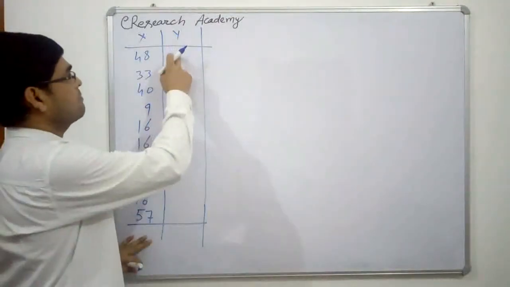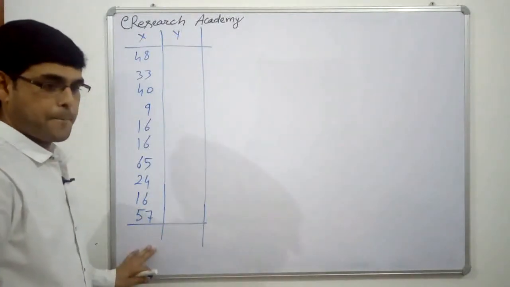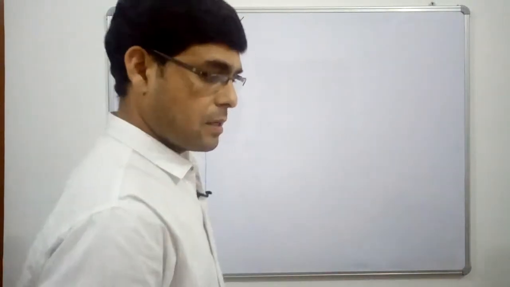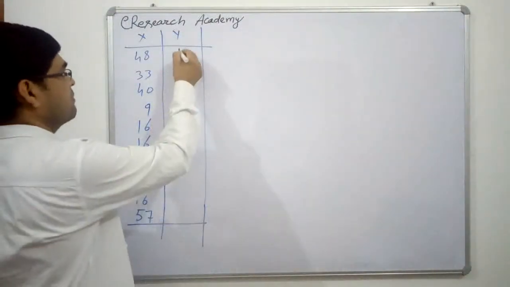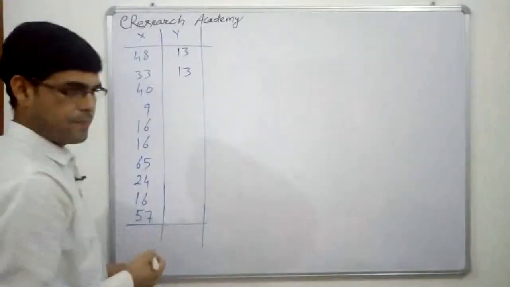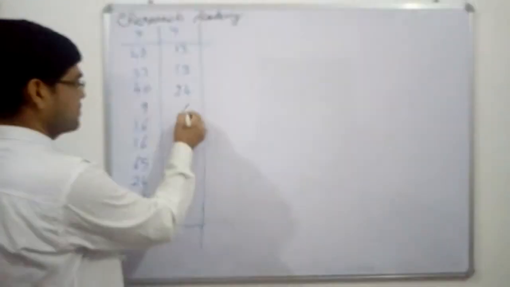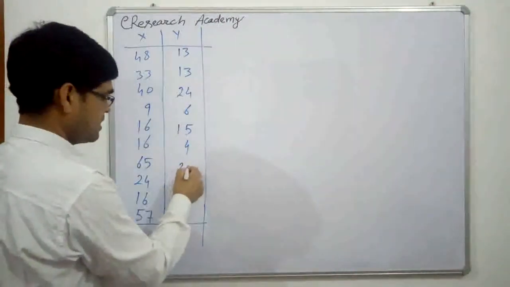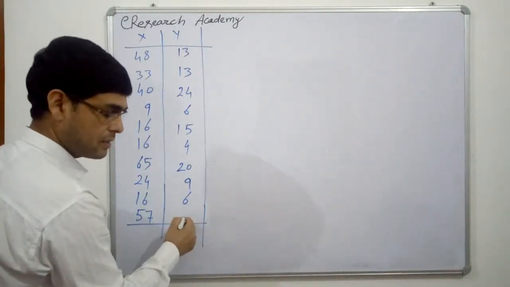Similarly, in Y we have 13, 13, 13, 13, 24, then 6, then 15, 4, 20, then 9, 6 and 19.